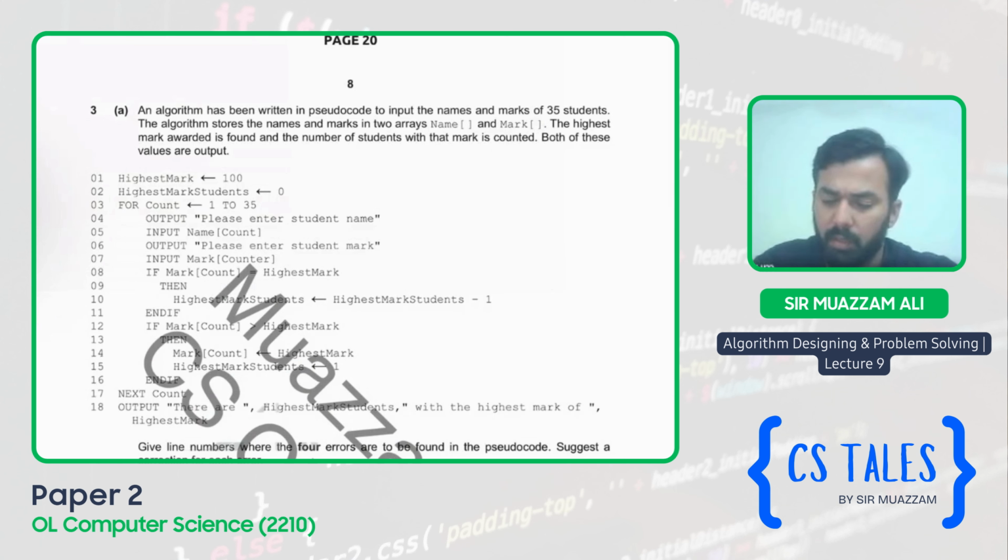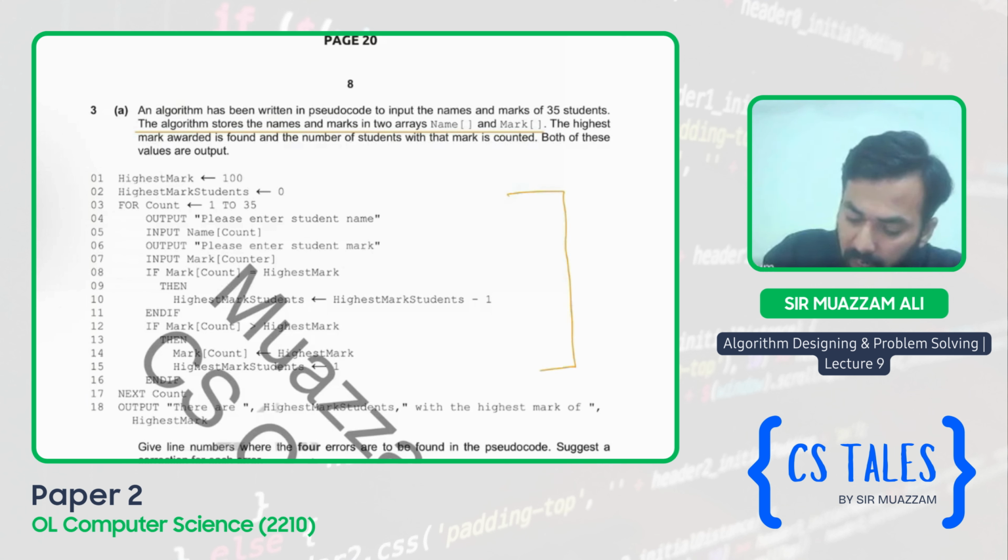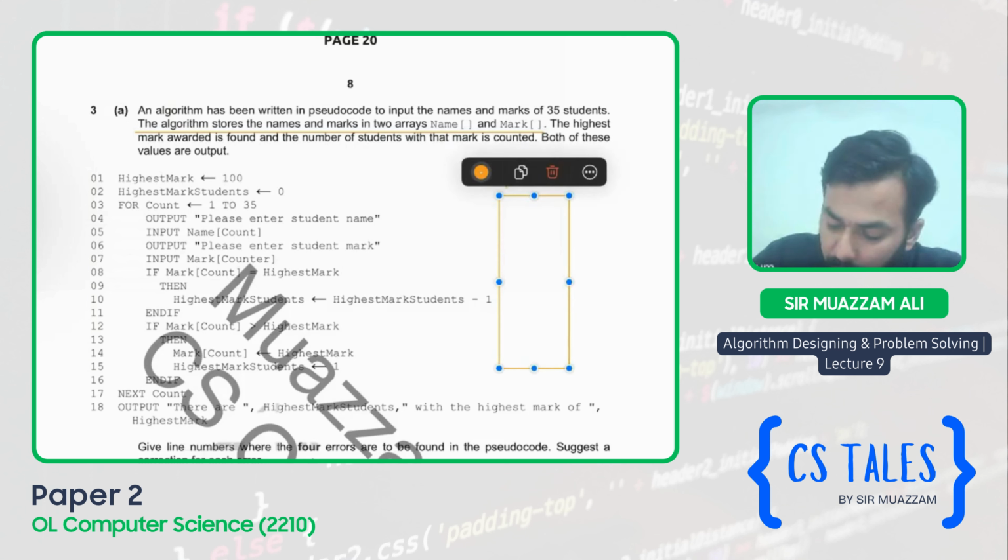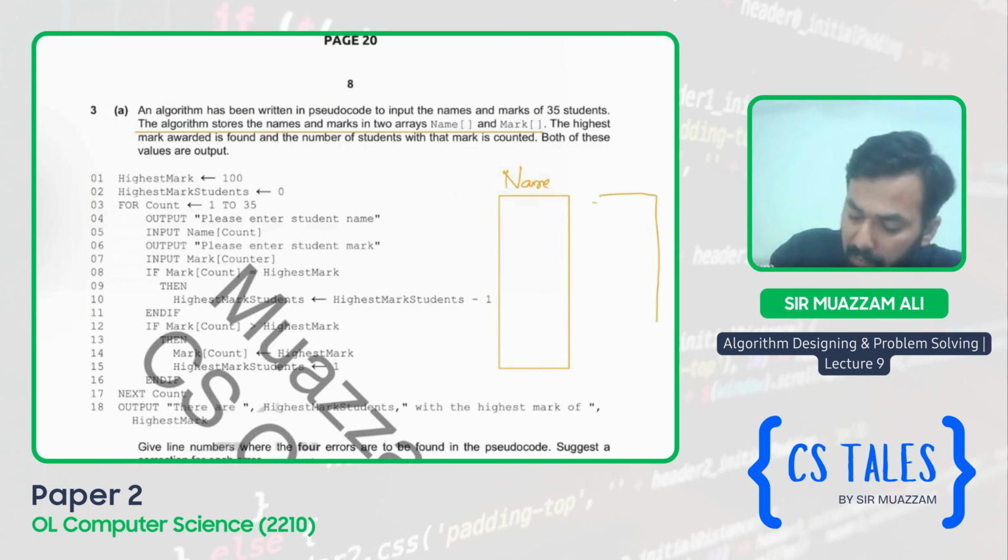So the question we are looking at: an algorithm has been written in pseudocode to input the names and marks of 35 students. The algorithm stores the names and marks in two arrays, name and mark. It means names are stored in one array called name, and the marks are in the other.